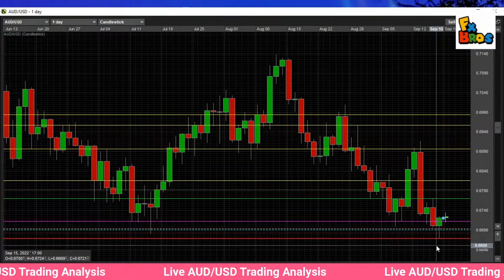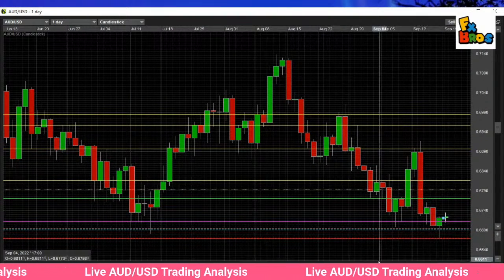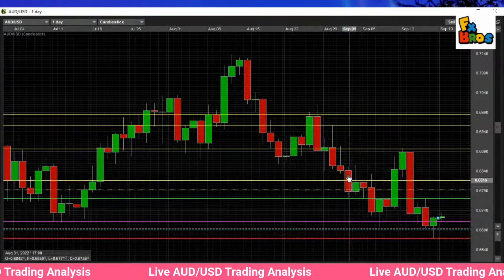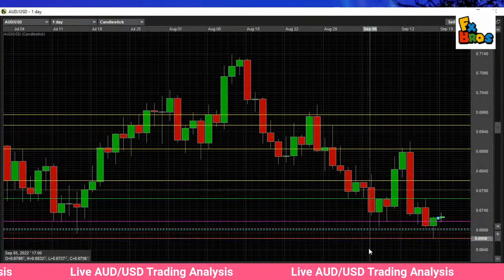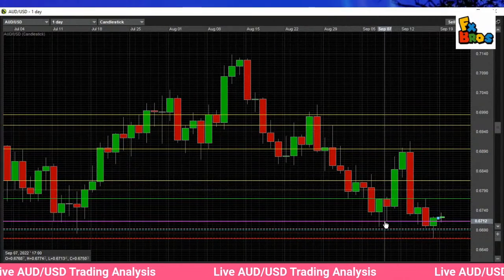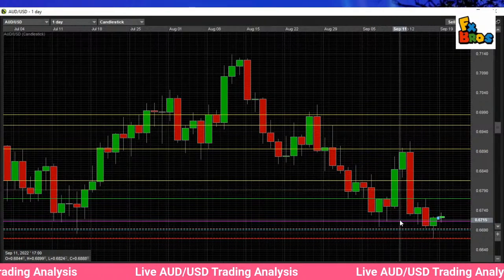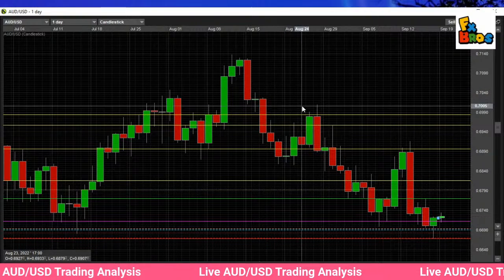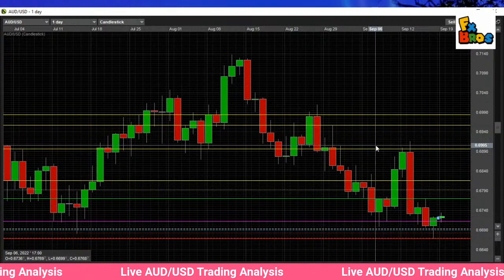So what I want to do right now is go to the daily and mark up my previous daily high and low. And let me see if this is still valid.